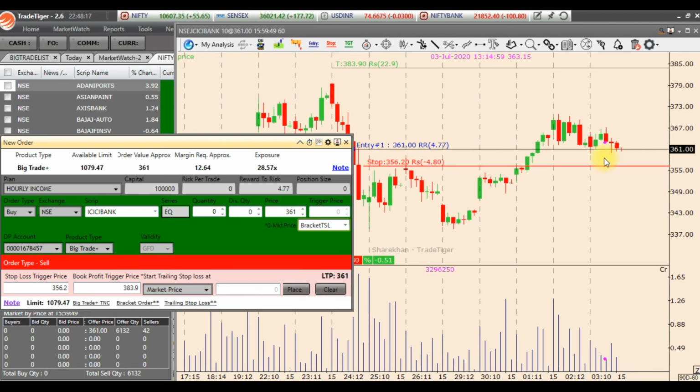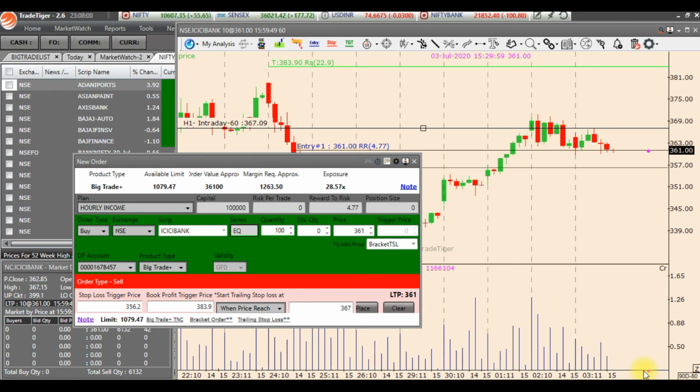So that is how you can trail your profit. Whichever hits first, automatically the order gets executed and closed. If the stop loss hits first, automatically all the rest of the orders will get closed. If the target hits, automatically the trailing stop loss will get cancelled.